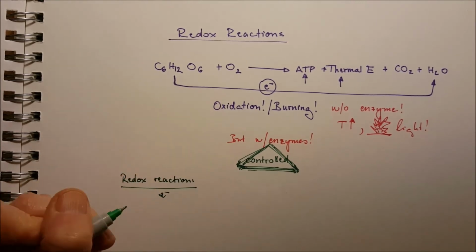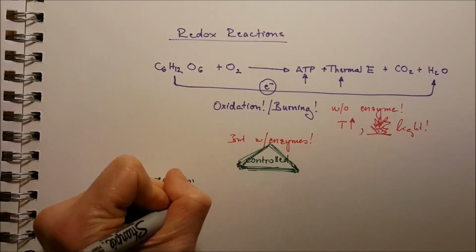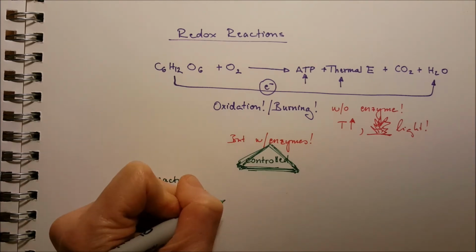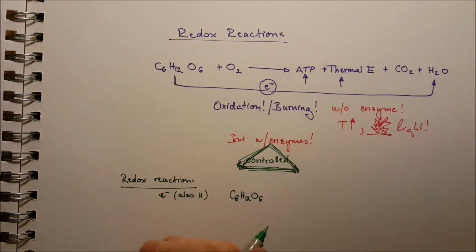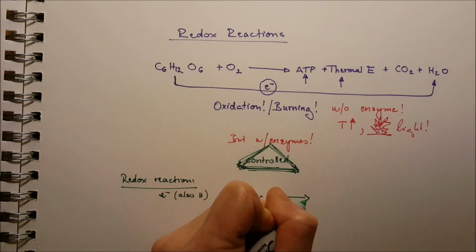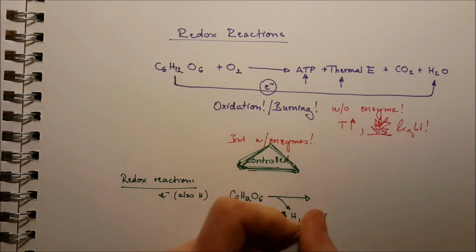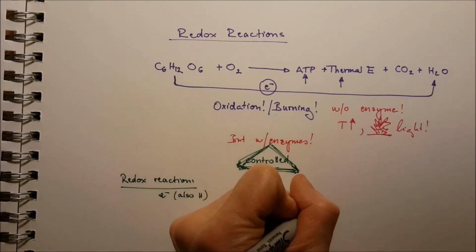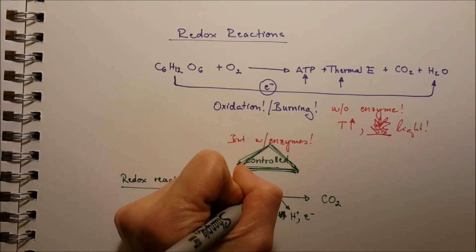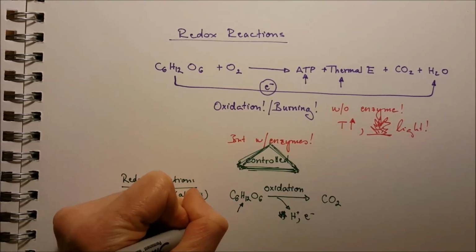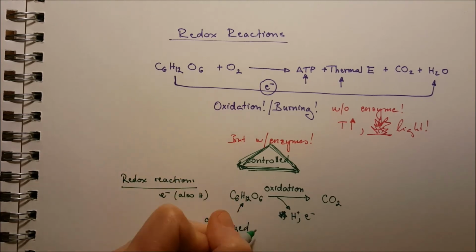Redox reaction. As the electron gets lost, one material will lose the electron, it also loses a proton, a hydrogen ion. So in here, the glucose is losing hydrogen, protons and electrons, goes through oxidation and turns into carbon dioxide.